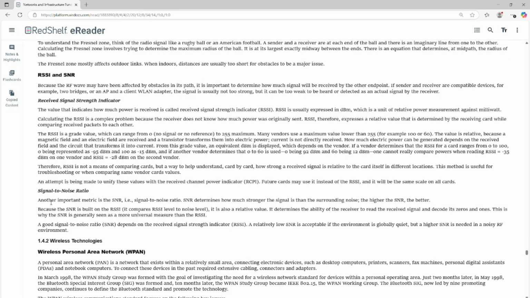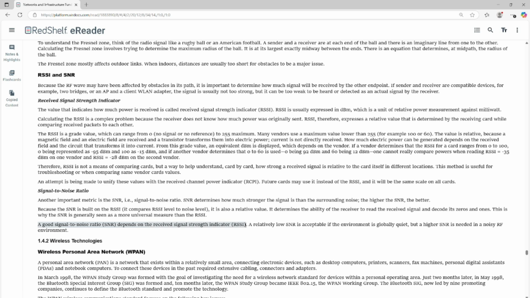And you might want to focus on the signal to noise ratio to understand at what situation it is good or bad. Here it says a good signal to noise ratio depends on the received signal strength indicator.